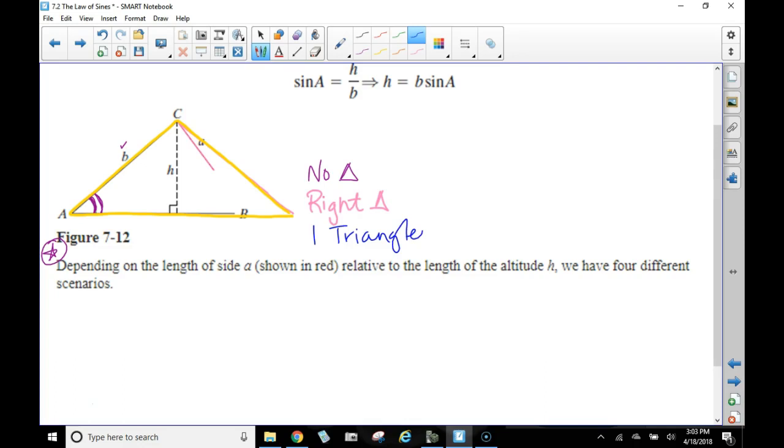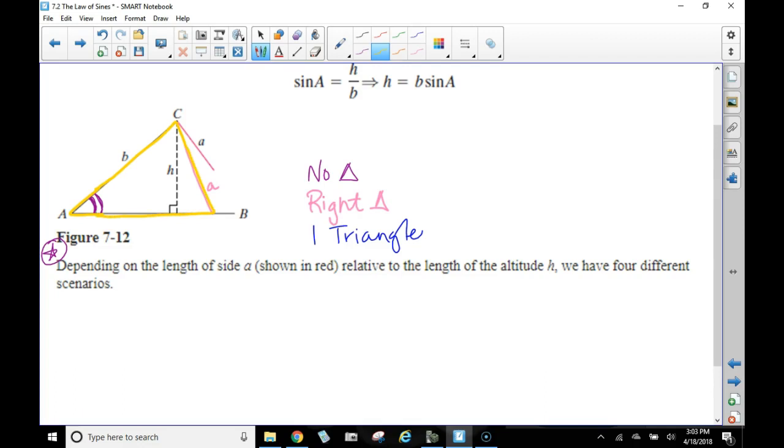Now, here's where it gets really interesting. What if A was just the right amount long? Let me say A maybe comes to be about right here. That's what side A looks like. Well, if that happens, you could have this triangle that would look a little something like this.